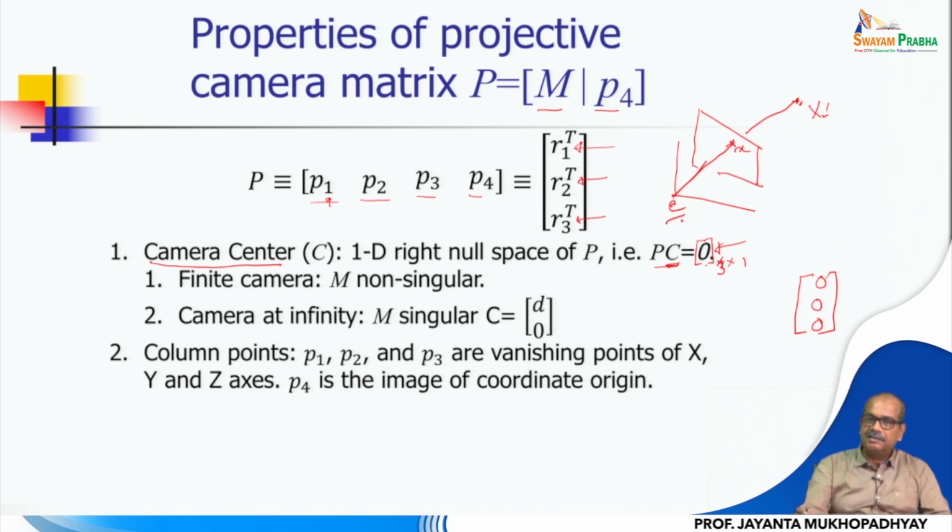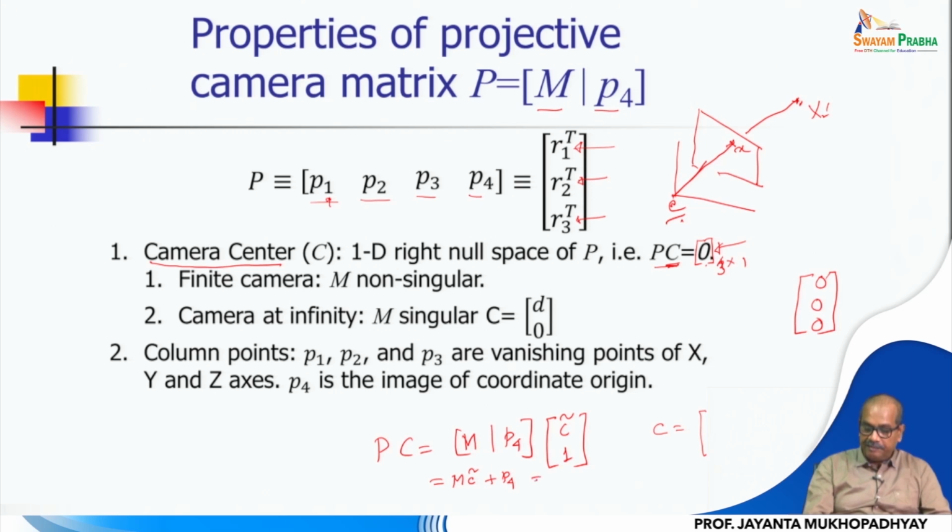How can you compute C? Let us consider that C can be written as C tilde, 1. This is a homogeneous representation in our convention. So C tilde is the 3D coordinate of the camera center. If I use the submatrix representation of the projection matrix, I will perform these operations: P into C equal to this, and perform this matrix multiplication, applying the same rule of matrix multiplication, you will get this.